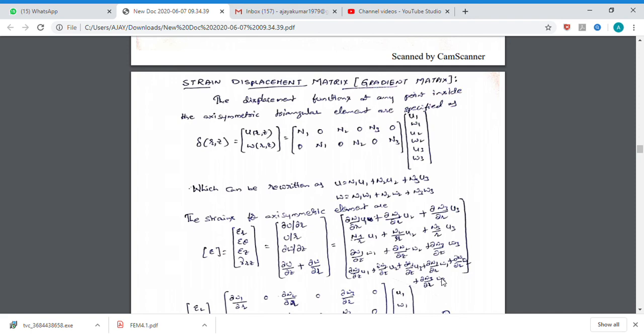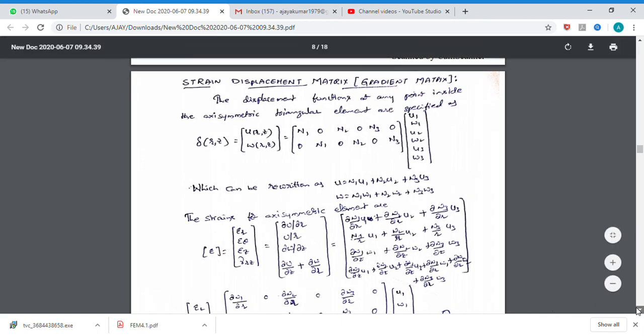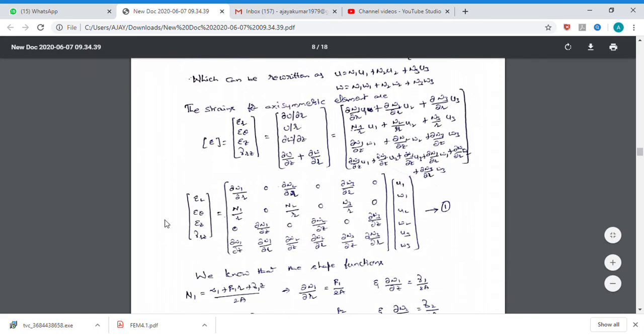Now let us write this equation in matrix form once again with proper relation. The displacement values u1 w1 u2 w2 u3 w3 I will write as a column vector. The first row is dou n1 by dou r 0, dou n2 by dou r 0, dou n3 by dou r 0, into u1 w1 u2 w2 u3 w3.